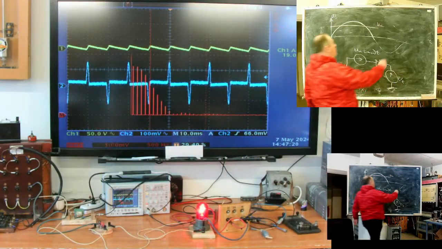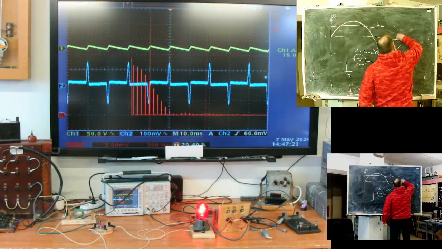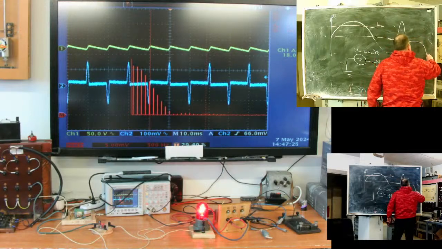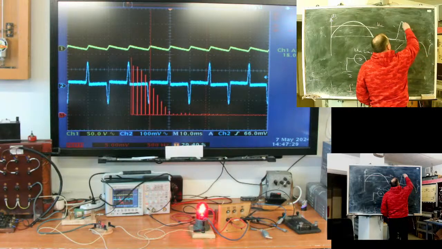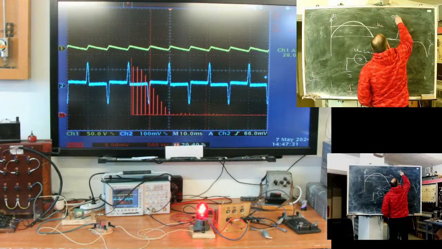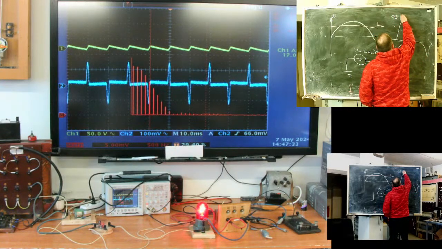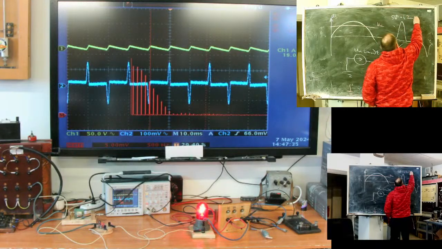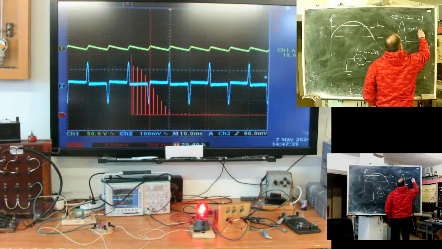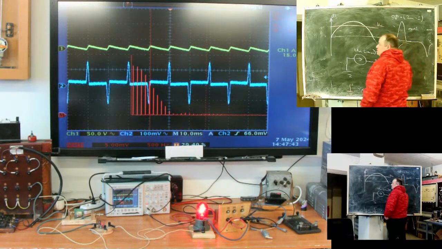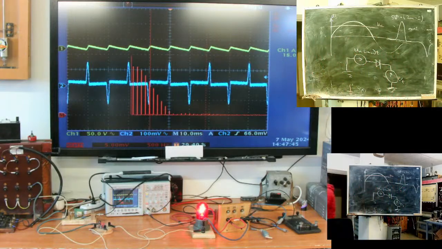So this short pulse contains components 50 multiplied by (2m minus 1), where m starts from 1 to theoretically infinity, but not so far.